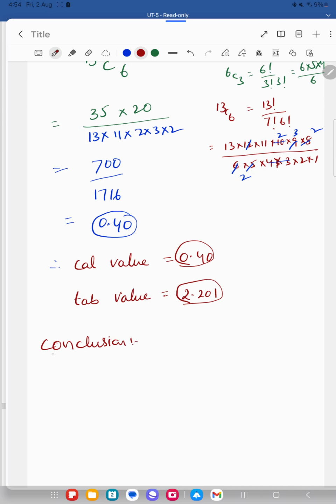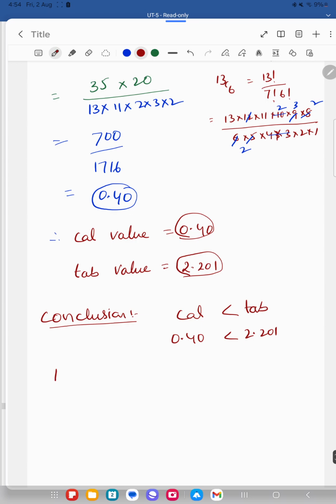Here the calculated value is less than the table value, that is 0.40 is less than 2.201. Therefore H0 is true and it may be accepted.